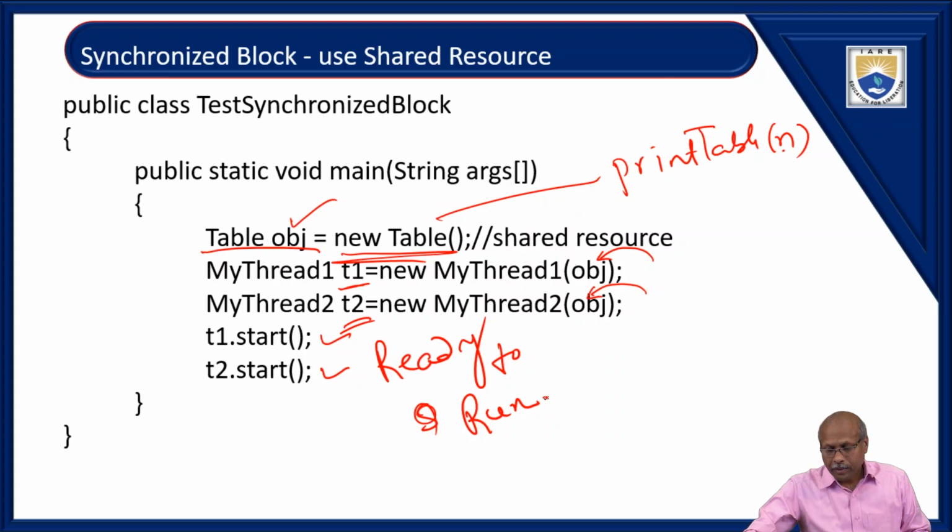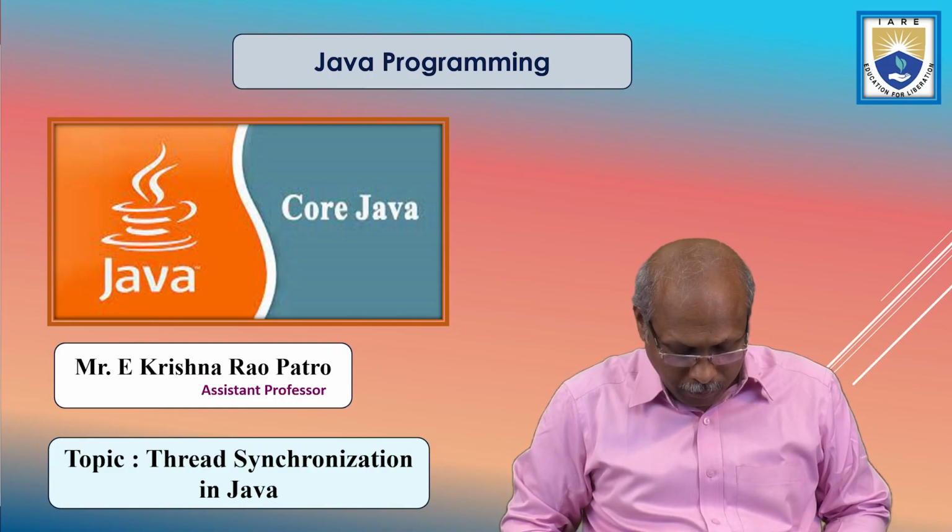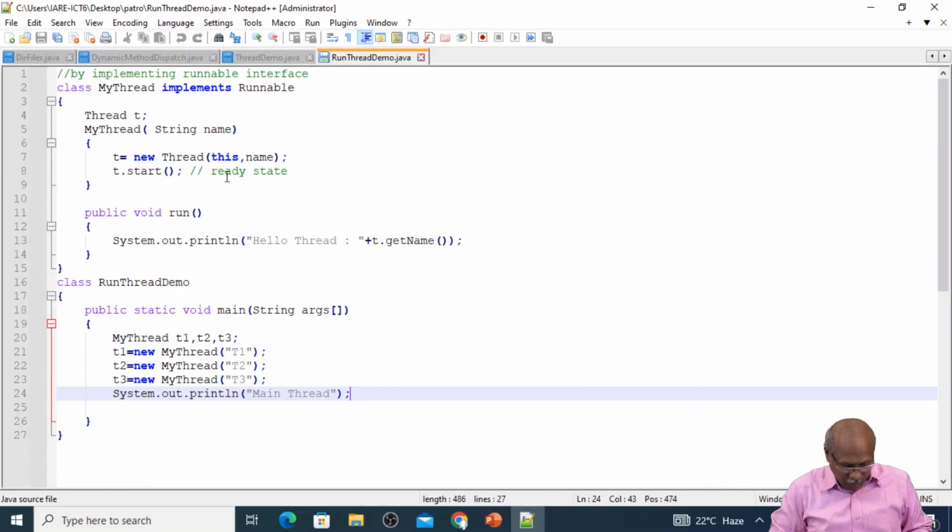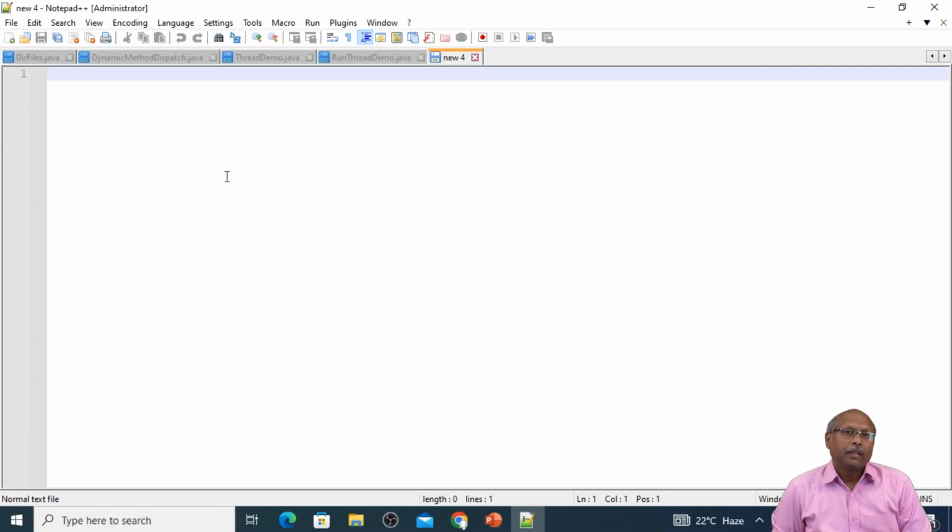Okay. Let us see how it works. Now we'll try to execute it. I'll go to my program. Control N. Here, first of all, I have to create the resource. My resource is the table class. This resource is to be utilized by both threads T1 and T2.